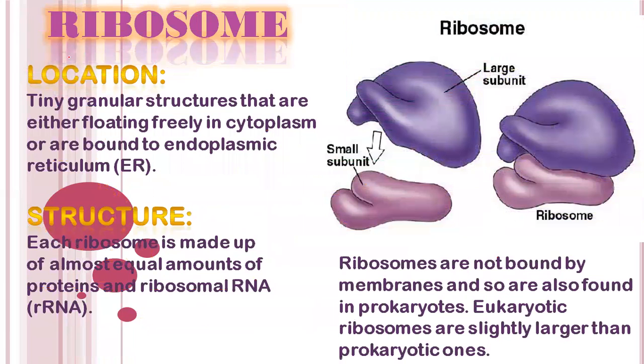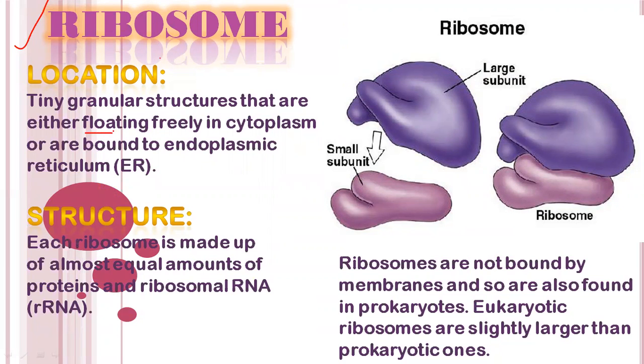Now we'll see another very, very important organelle of the cell, that is called ribosomes. Ribosomes are actually dotted-like structures, tiny granular structures, which are present in the cytoplasm of the cell.